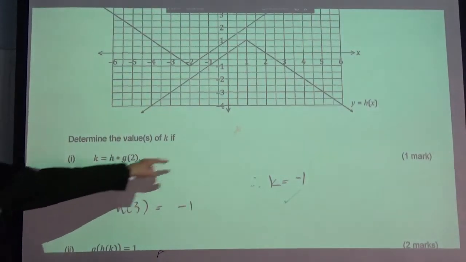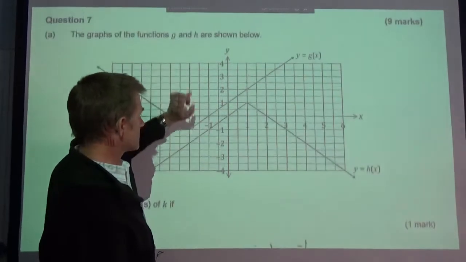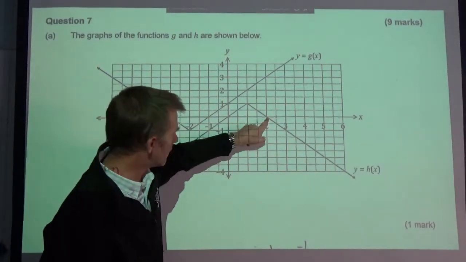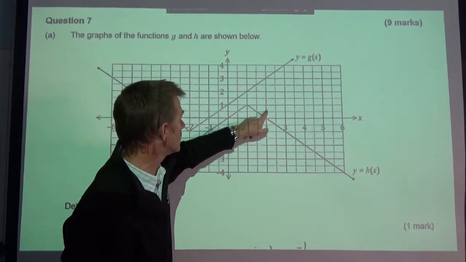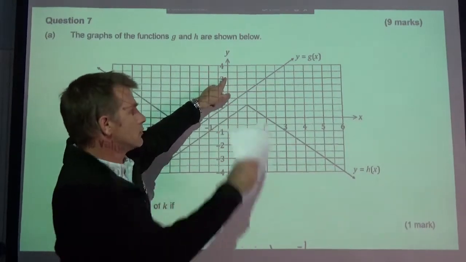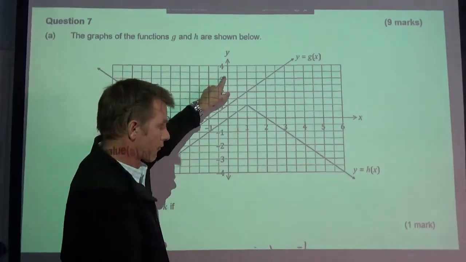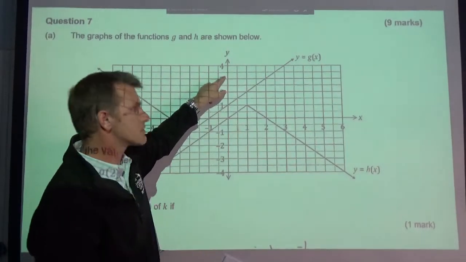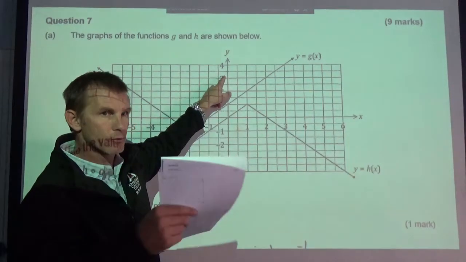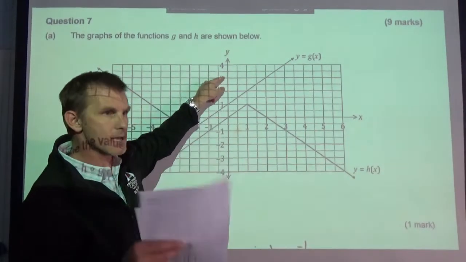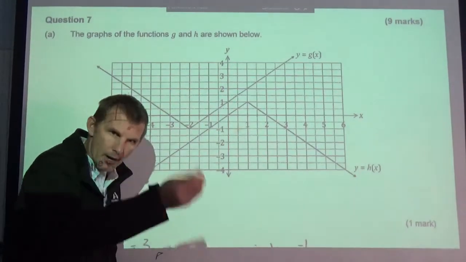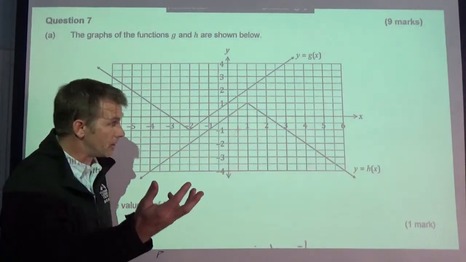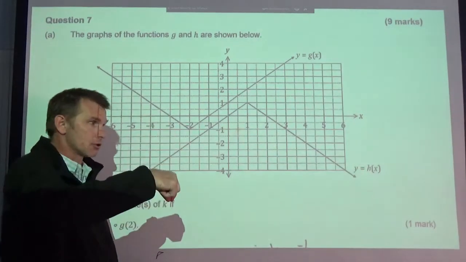So g of 2. This one is g of x. So I've gone to x equals 2. I've gone up and, okay, so g of 2 is equal to 3. Then what I've done is said, okay, now that I know g of 2 is equal to 3, take that value of 3, the range or the output value of g of x, and put that into h of x.